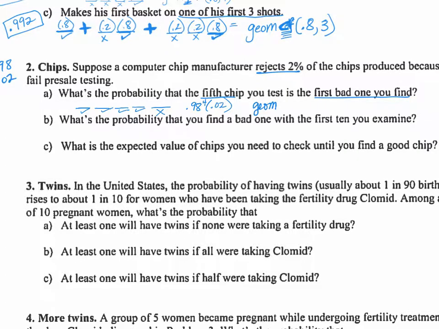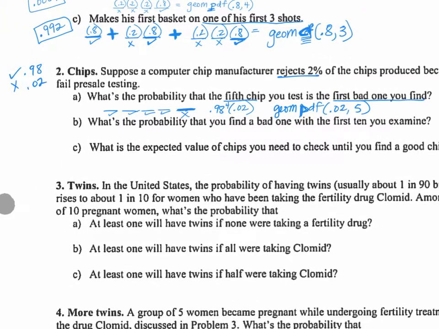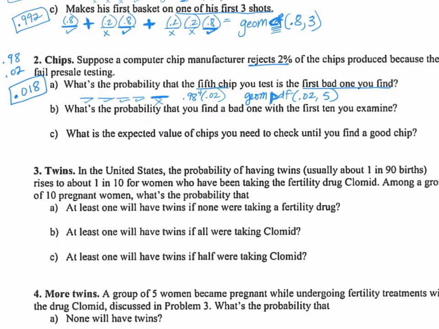Geometric PDF or geometric CDF? So we just have this one situation, a particular placement of that bad chip. So I want to put that 0.02 in the 5th spot. So that's how that would come out. The answer for this problem ends up being 0.018.